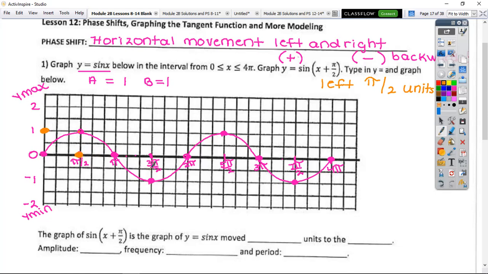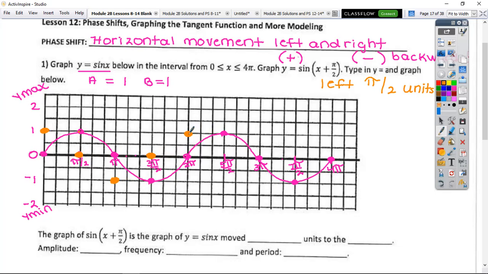I would take this next point here and go 1, 2, 3. Next point, 1, 2, 3, because again, pi over 2 is 3 boxes on here. Next, I go 1, 2, 3. And actually, I'm going to stop it right there, and then we'll make an identical copy.